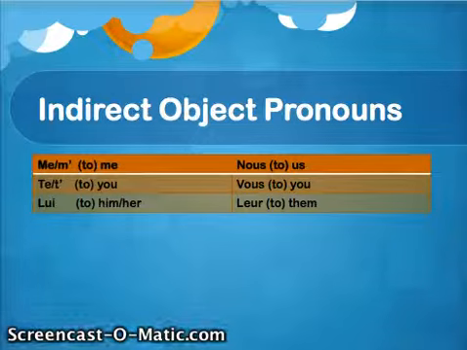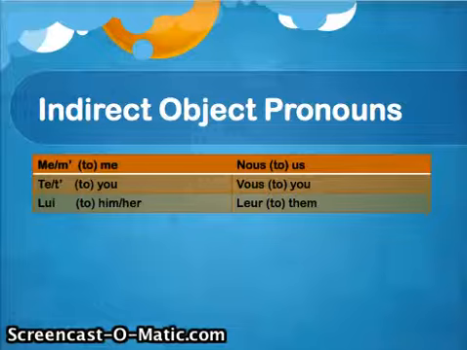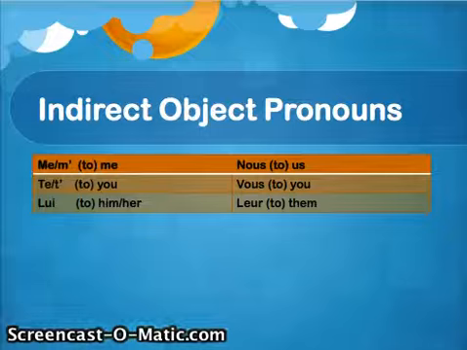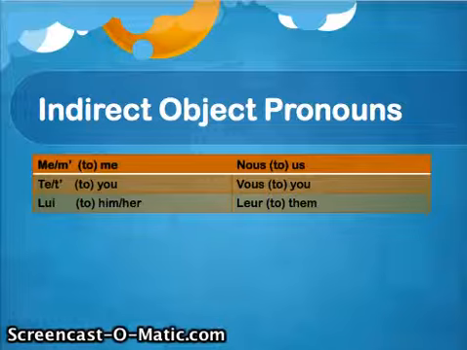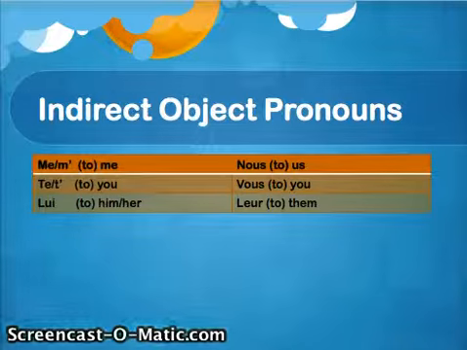So these are indirect object pronouns that you would use for people who are the recipient of a direct object. For example, je te donne un cadeau. Okay? Je te donne un cadeau. I give you a gift. If I give you a gift, I am the subject.